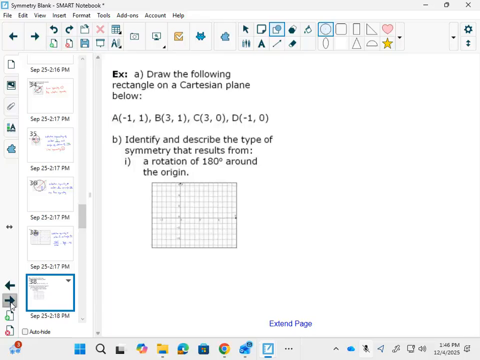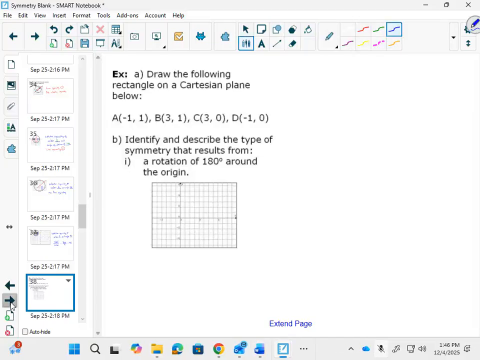Do you know how to label points on a grid? A couple of review things. This is important. I've got grid paper here, and I want to draw these points. This is your x-axis and this is your y-axis. When we draw a point, we always write the x-coordinate first and then the y-coordinate. So for -1, 1, my x is -1, so back 1, and my y is +1.